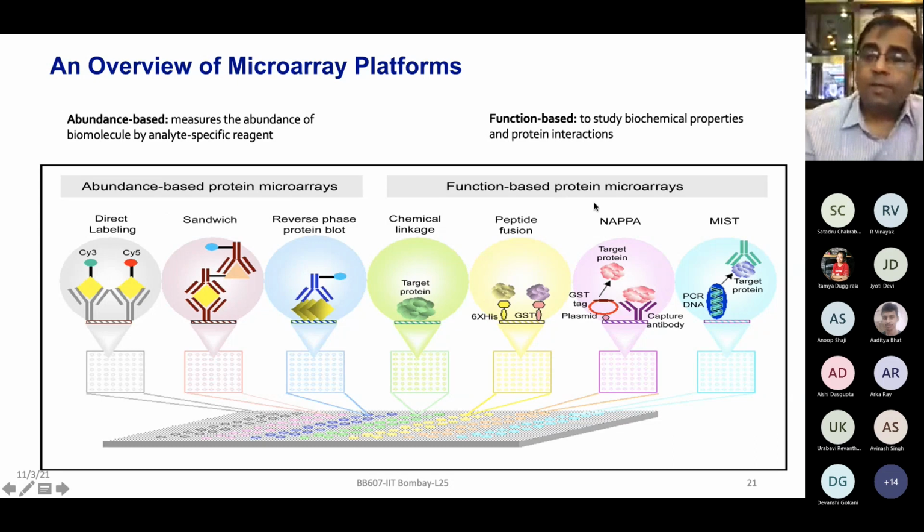Function-based arrays means you want to understand the function of unknown proteins, or you want to better understand the biochemical properties of the given proteins, or how a protein interacts with other proteins, drug molecules, or other biomolecules. All those could be studied in this kind of setup. Knowing the increased expression level or abundance of the proteins can be better studied in the abundance-based arrays.